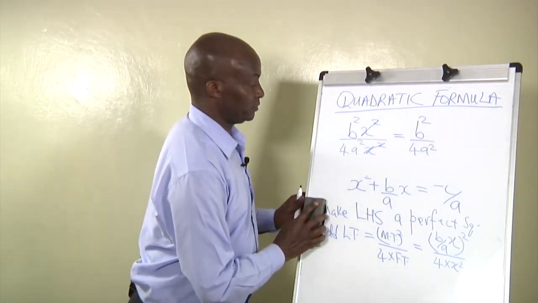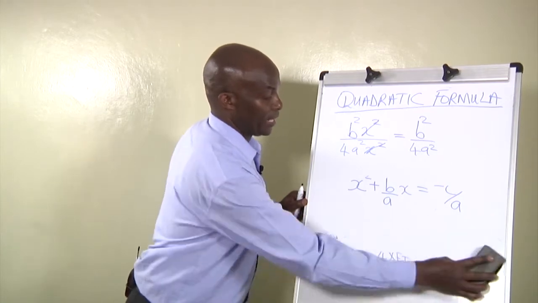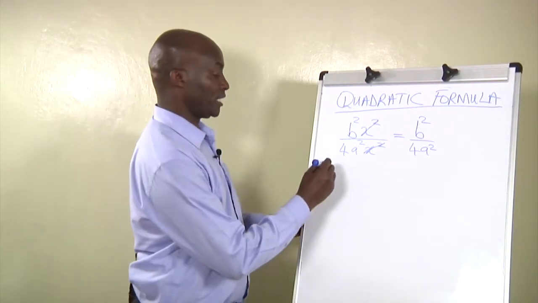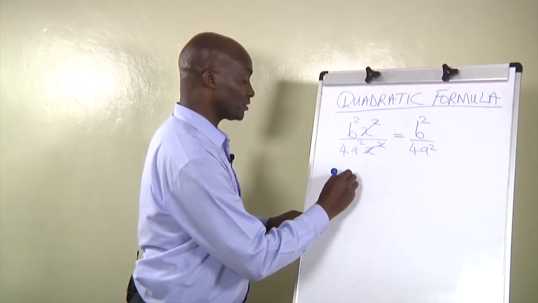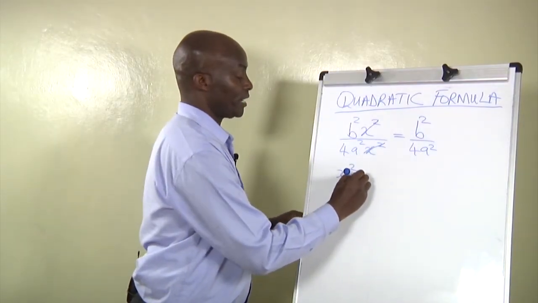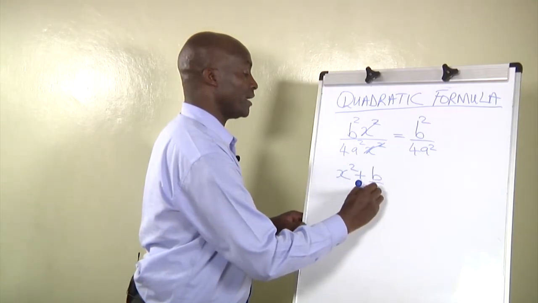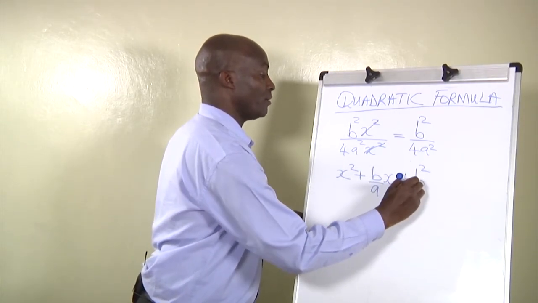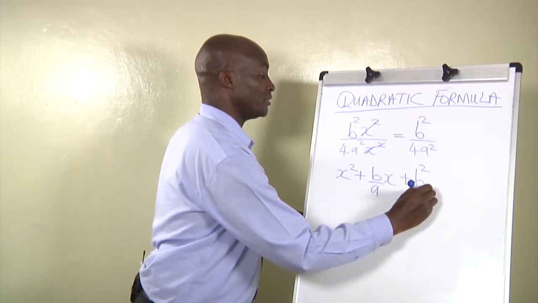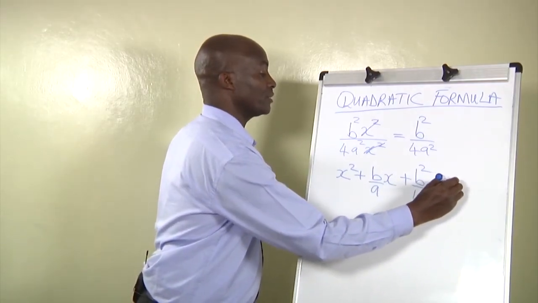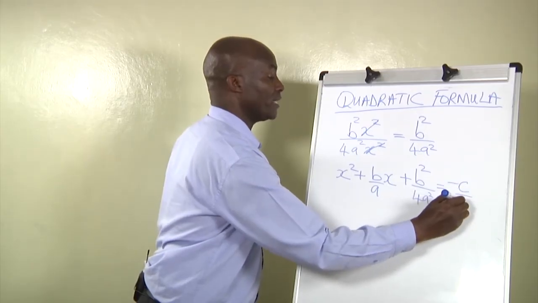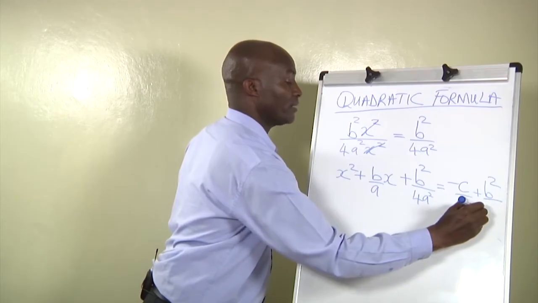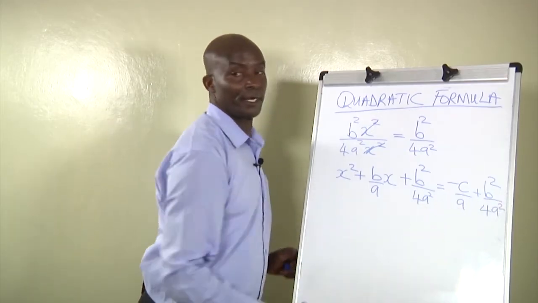So our equation, therefore, becomes x squared plus b over a x plus b squared over 4a squared is equal to negative c over a plus b squared over 4a squared.